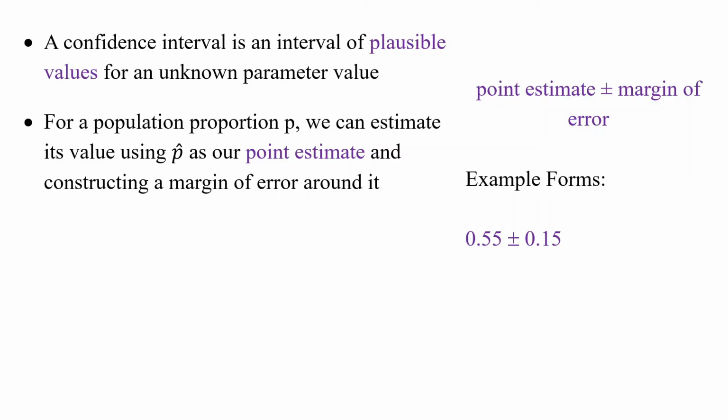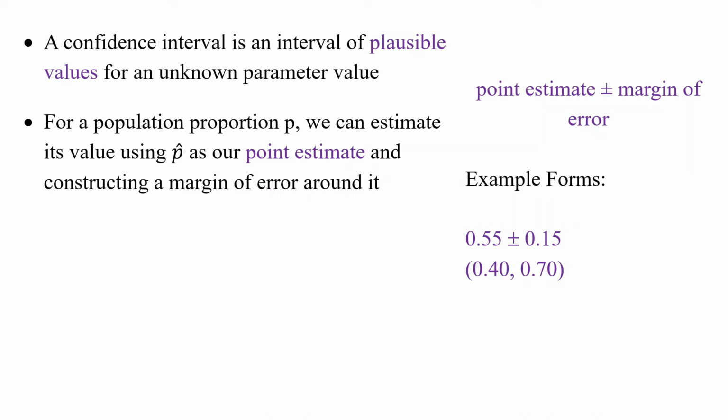And the way we present this interval, there's a couple different forms. The first form is actually the point estimate plus or minus that margin of error. So if our point estimate is 0.55, we would do plus or minus 0.15 as our margin of error. You might see a confidence interval given like that. You might actually see it in interval notation.